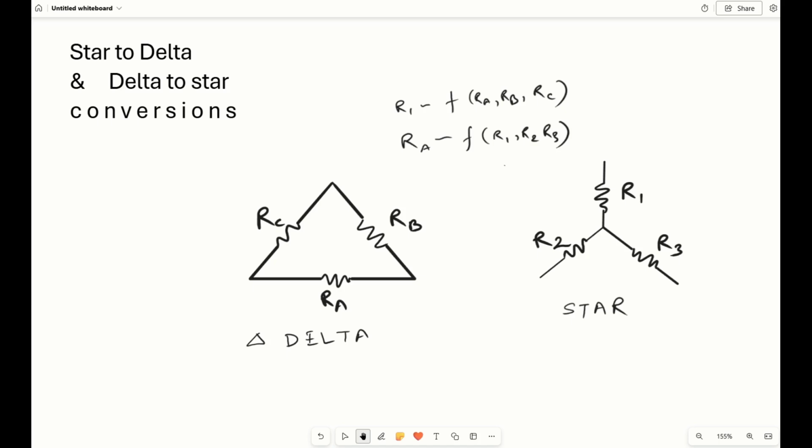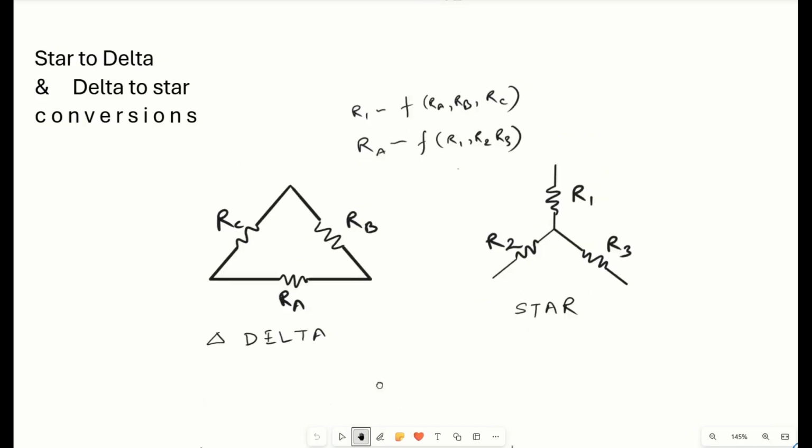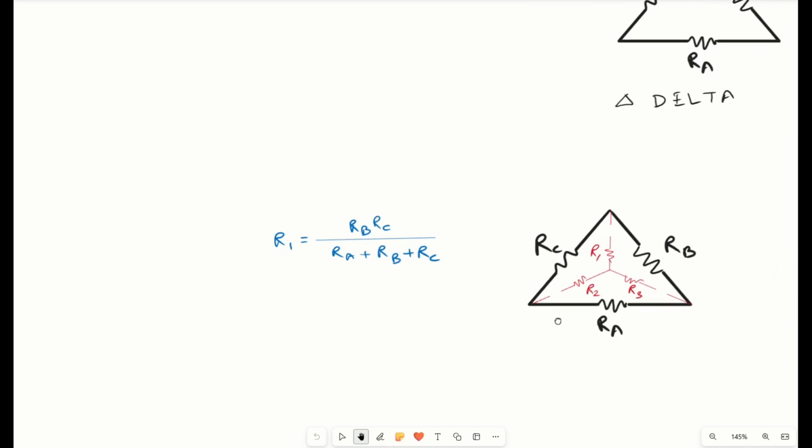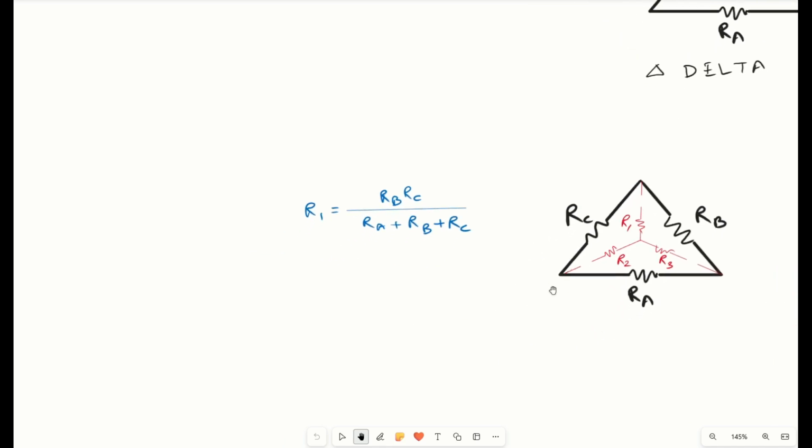So how are we going to determine this? There is a derivation which is available in any book, which we can go through and determine the corresponding formulas. In order to see the formulas, let us first consider delta to star conversion.